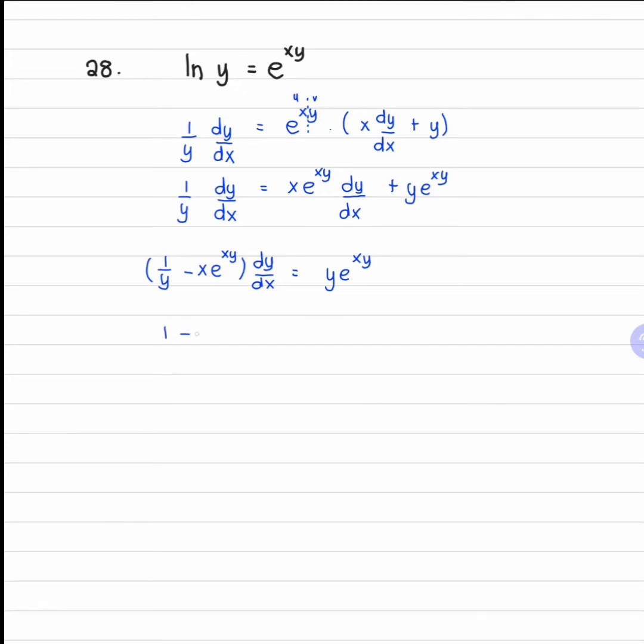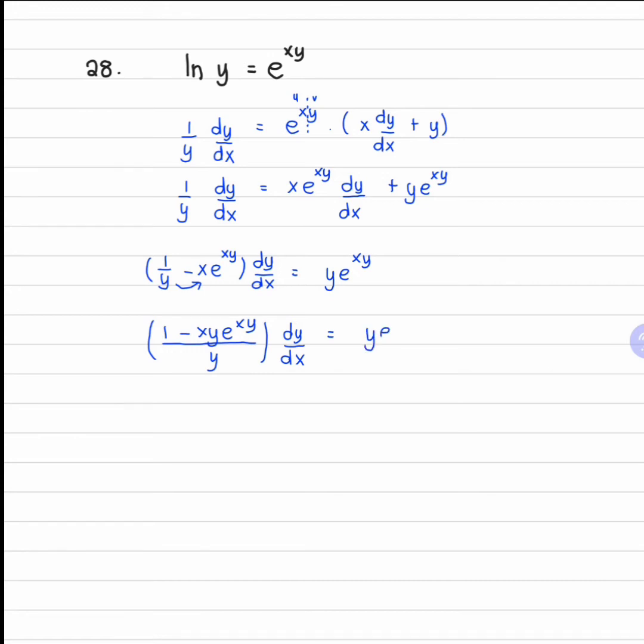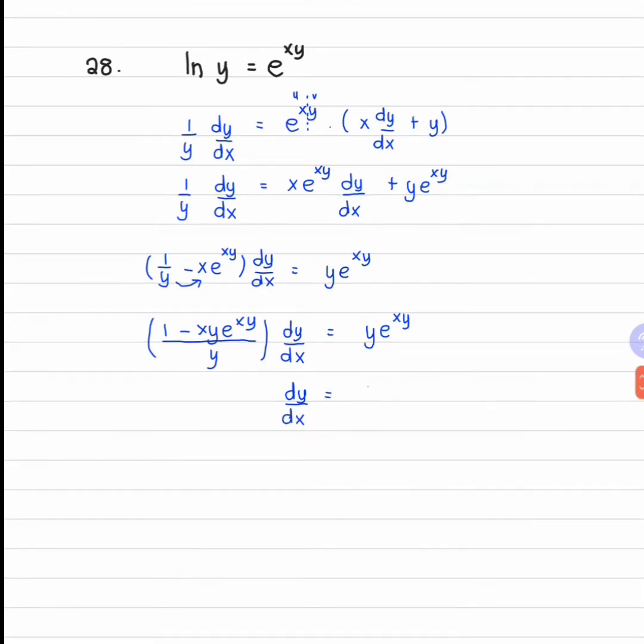So we get 1 minus xy e power of xy, multiply up, same denominator, divide by y, dy/dx equals y e power of xy. Then we get the answer dy/dx equals y moves across, so we get y square e power of xy. The numerator moves across, so it becomes divided by 1 minus xy e power of xy.